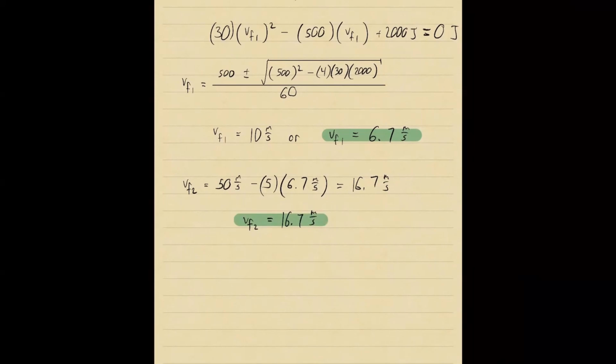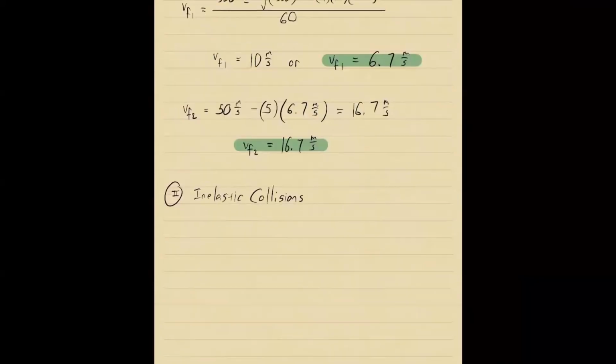Whew. All right. So let's talk about the second type of collision. The second type of collision are called inelastic collisions. And there's 2 defining things for inelastic collisions. So just like in the elastic case, total momentum is conserved between both.